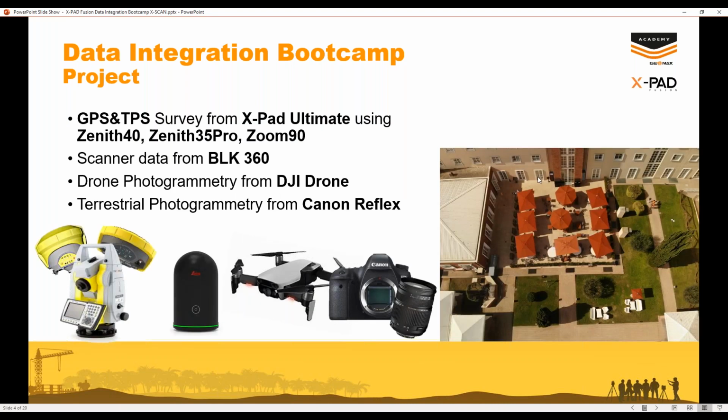In particular, with this project, we are using data coming from our field software solution, with the GNSS receivers Zenith 40 and Zenith 35 Pro, the Zoom 90 robotic TPS, scanner data from the BLK360, drone data from a DJI drone, plus a Canon reflex camera for the terrestrial photogrammetry.